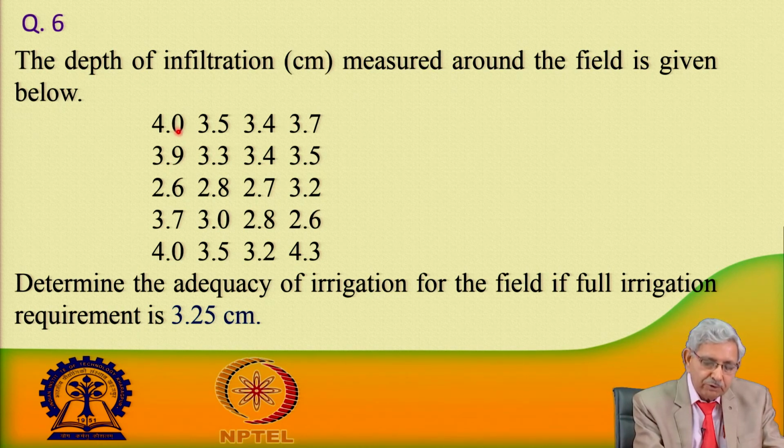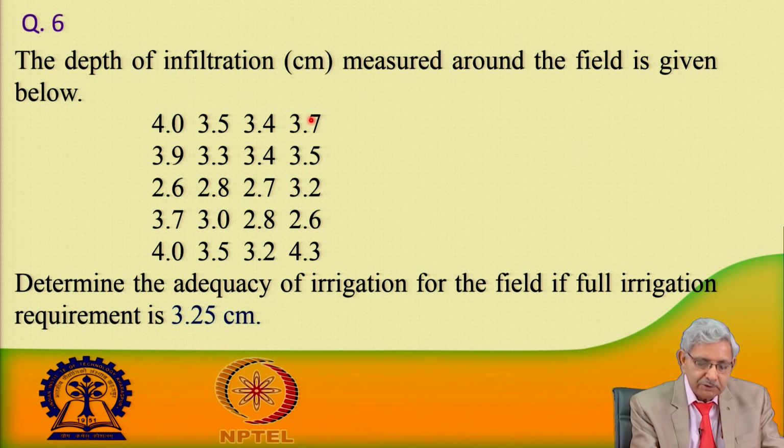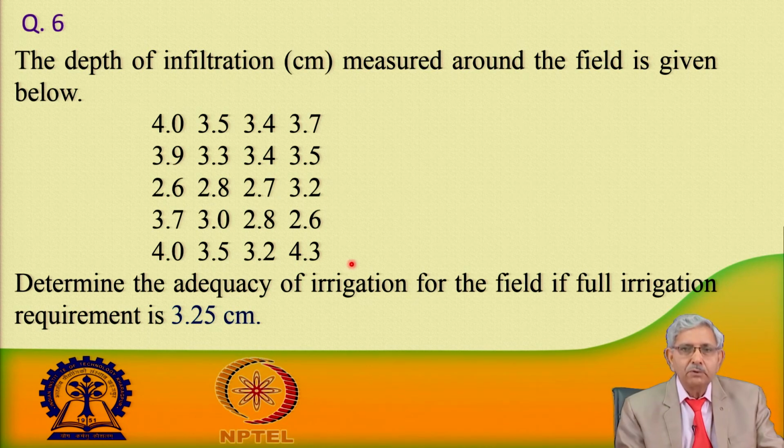It is given that the cumulative depth of infiltration is 4 centimeter in the first 5% area, then 3.5, then 3.4, 3.7, like this for all areas, 5% each.